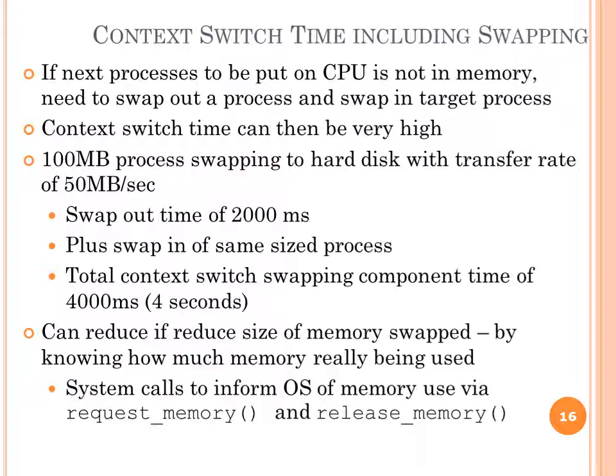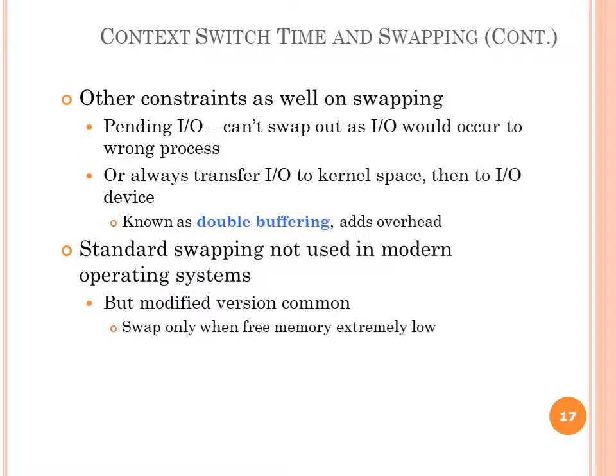For example, for a 1000 MB process swapping out to a hard disk with a transfer rate of 50 MB per second, the swap out time is 2000 milliseconds, plus the swap in of a same-sized process. So the total context switch swapping time is 4 seconds. We can reduce this if we know how much memory the process actually requires.